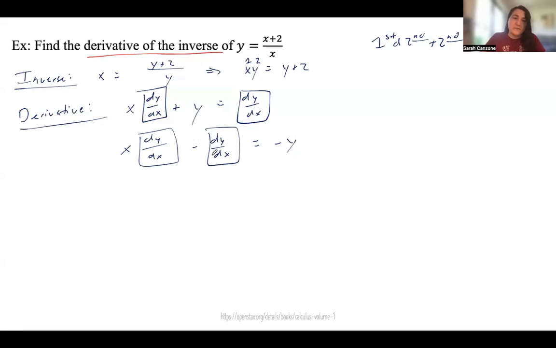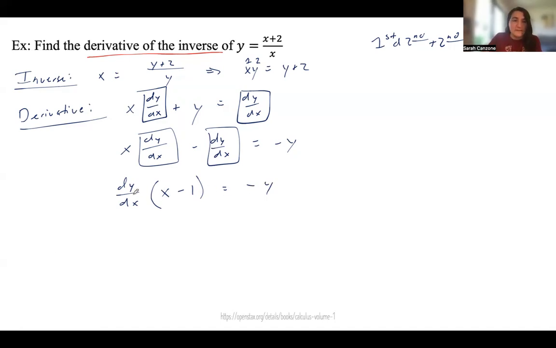Now I see I have two terms, each with a dy dx, which means I can factor that out. So dy dx times x minus, since there's no number written here, it's implied that it's a 1. Equals negative y, which is just what we're going to leave on the right-hand side.